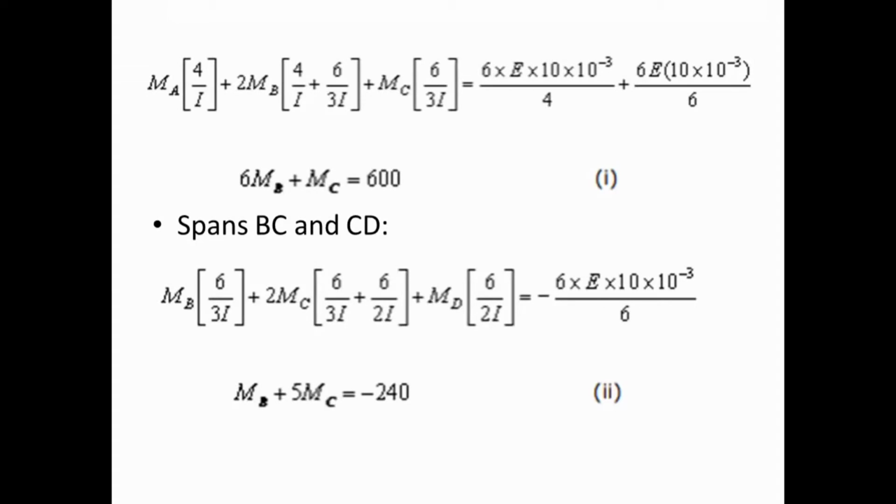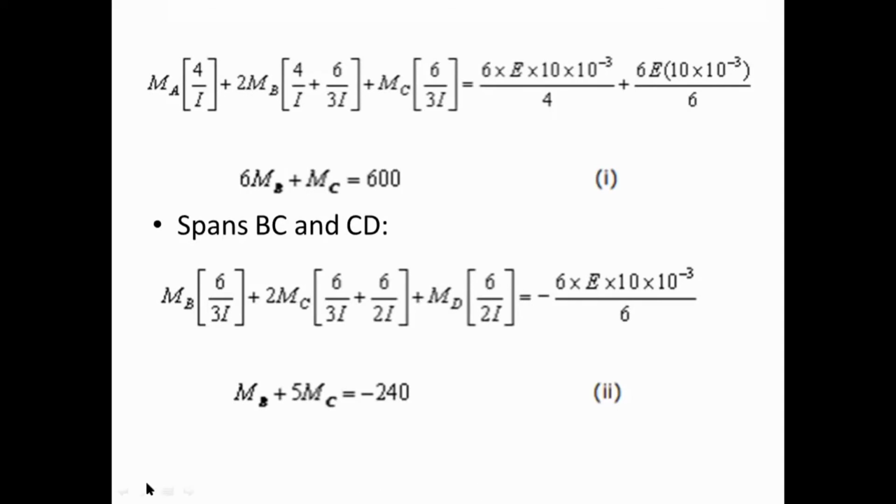L1 is 4, L2 is 6. Now we have further simplified this equation as 6 MB plus MC equal to 6. So this is our equation, and only the last term of the three moment equation will be applicable here, which is 6 EI delta 1 upon L1.